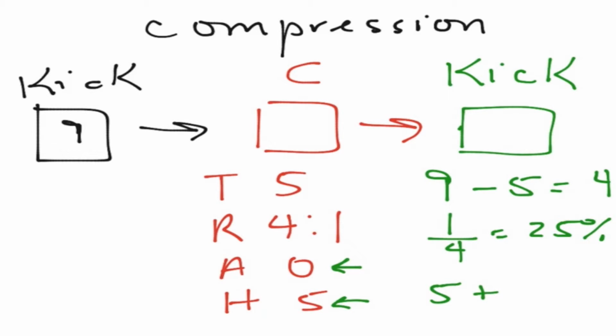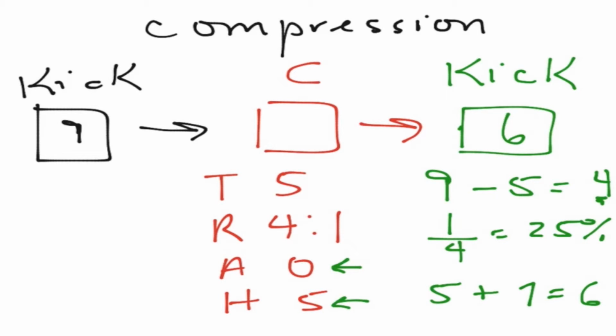And now you're going to add 25% of what it's over by, so 25%, or a quarter, of 4. A quarter of 4 is 1, so it's 1 over here, which equals 6. And there you go. This is the new level of every kick.